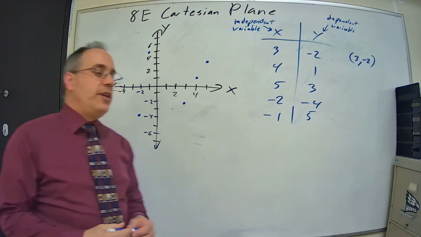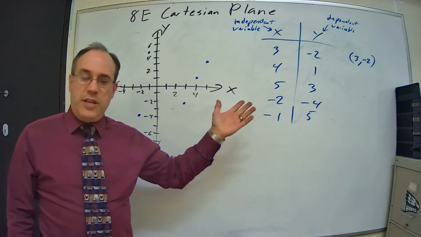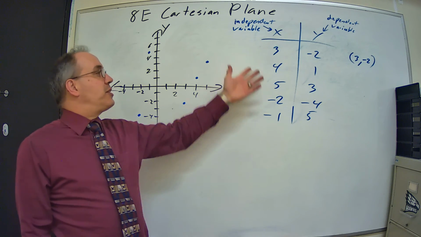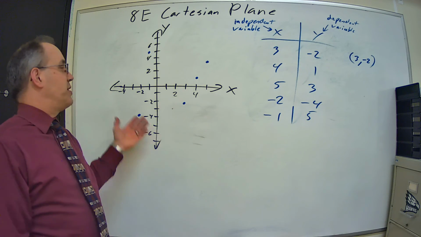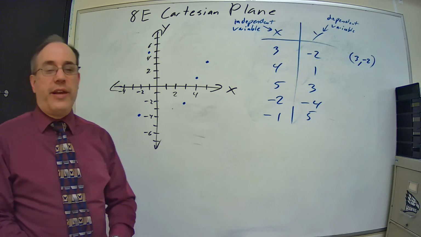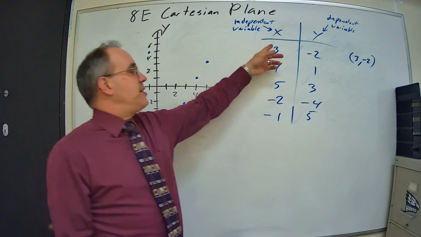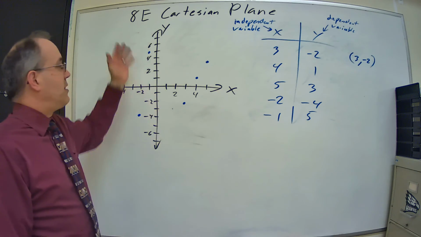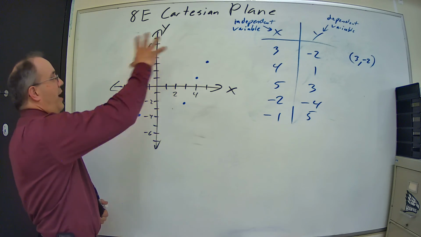And there are many reasons that we may perform a plot like this and use it to show things. Many times something like this would be considered a scatter plot, which means we're just given some x and y values that are related to each other, we just plot them in there. There is no series or sequence to it, meaning that this 3 doesn't necessarily lead into that 4 into the 5 to the -2, so we don't connect the dots, we're just plotting them on there and we can see what happens.